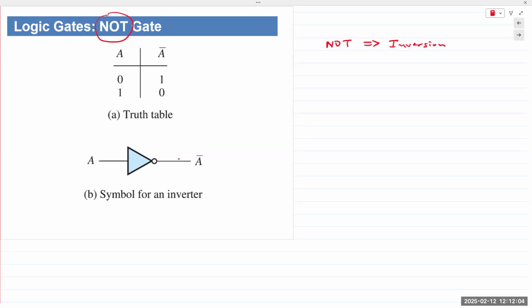So in logic design, it stands for an inverter. An inverter, as the name suggests, gives you an output that is the opposite of the input, an inverted output.